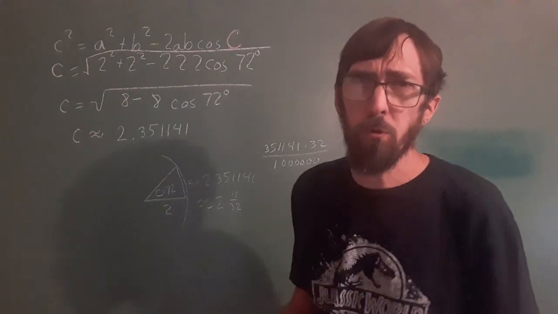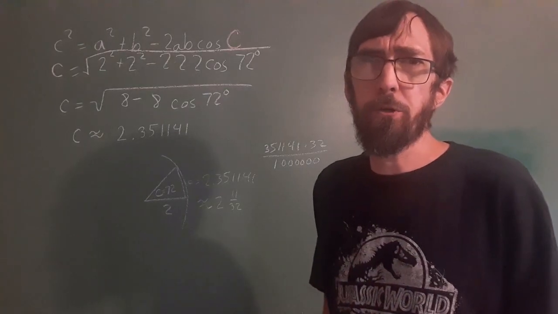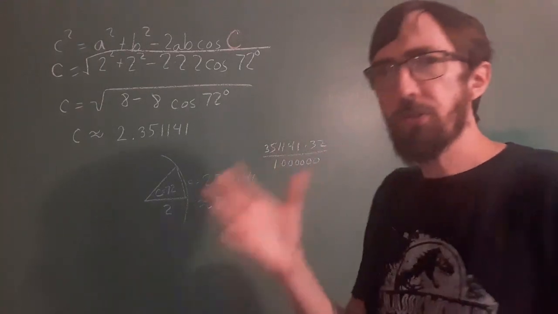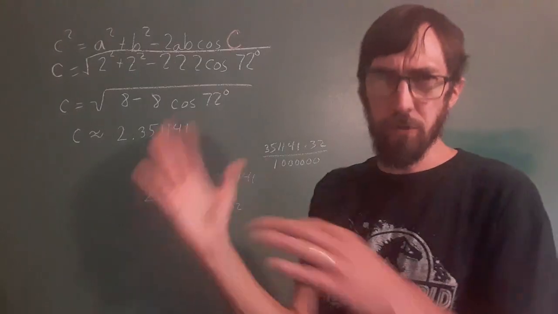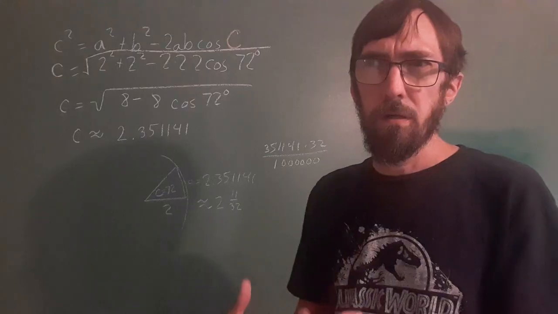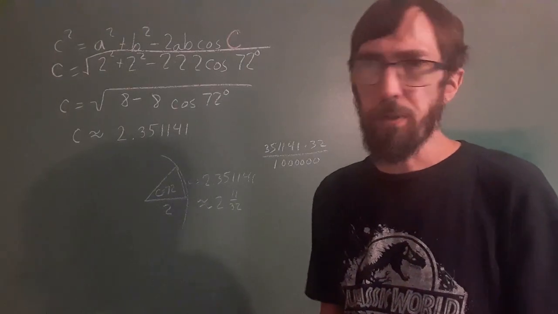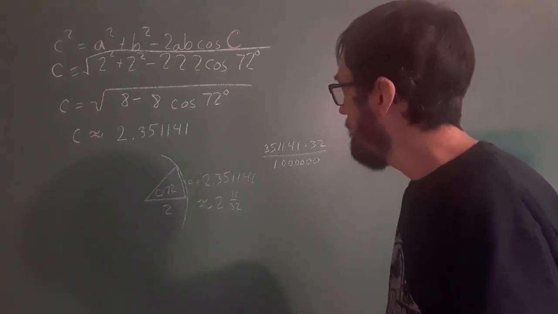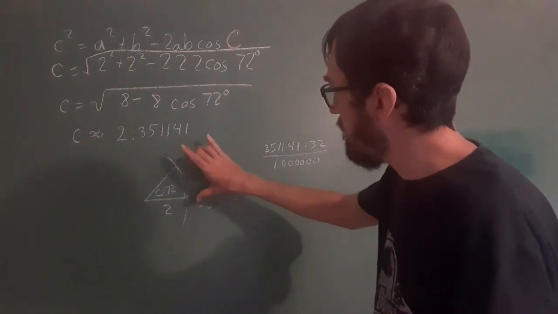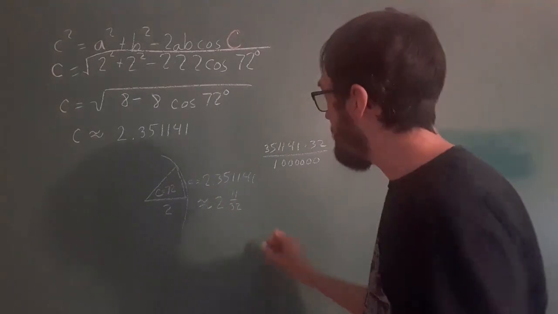Again, in real world mechanics, you have to have a point where you round and you have to understand what those values are. And then your entire system has to follow the same conventions so that your machines work as anticipated. So we have a distance between our bolts of approximately 2 and 11/32 of an inch.